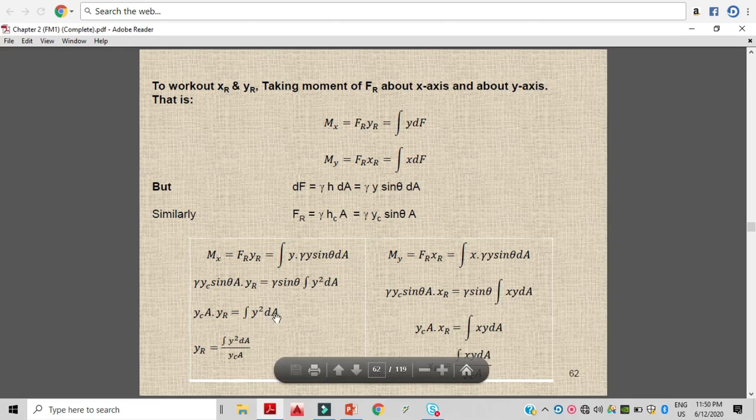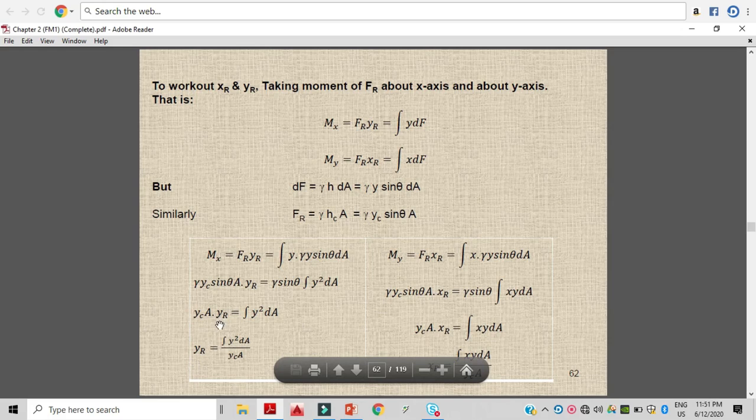So here there is a term integration of y square, so here we simplify that, sine theta and sine theta are cancelled, gamma and gamma are cancelled, so from here yc A yR is remaining, and from this side integration of y square into dA. Same thing here, sine theta and sine theta are cancelled, gamma is cancelled, so yc into A into xR is equal to integration of xy into dA remaining. So we simplified it.